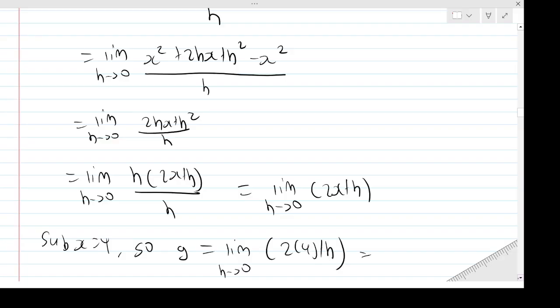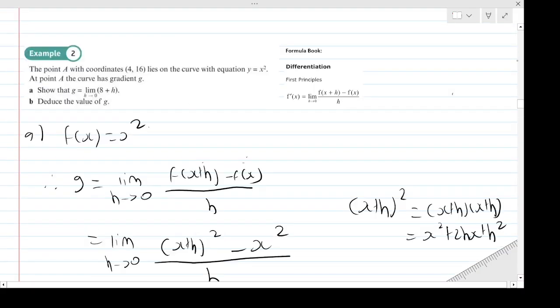Then 2 times 4 is 8, so 8 add h. And what do you know, we arrive at that expression there. Cool, so that's the whole idea of using the formula. The formula looks way scarier than how it actually works.